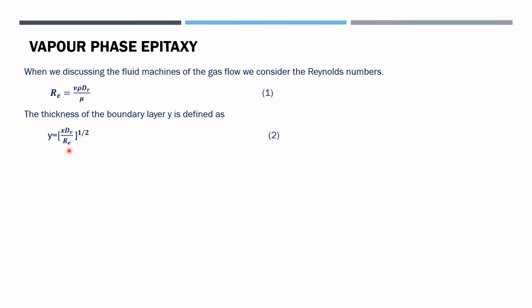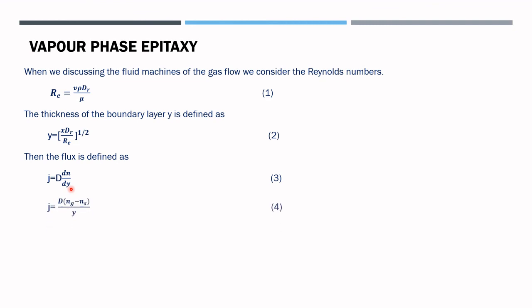So here we consider the flux of the gas. The flux of species going to and coming from the wafer surface is a complex function of several variables, including temperature, system pressure, reactant concentration, and layer thickness. The flux is defined as J equal to D dN by dy.